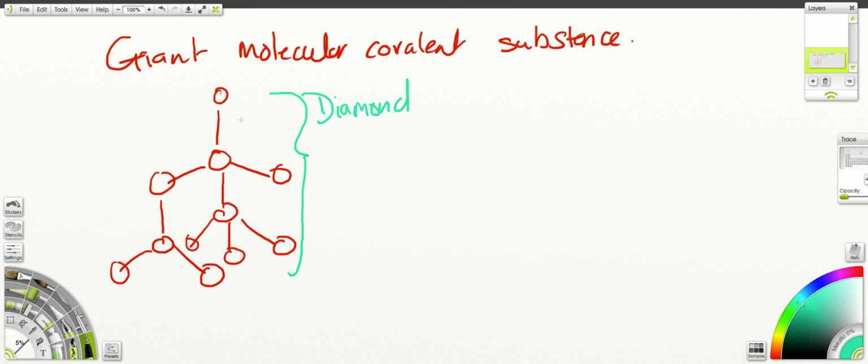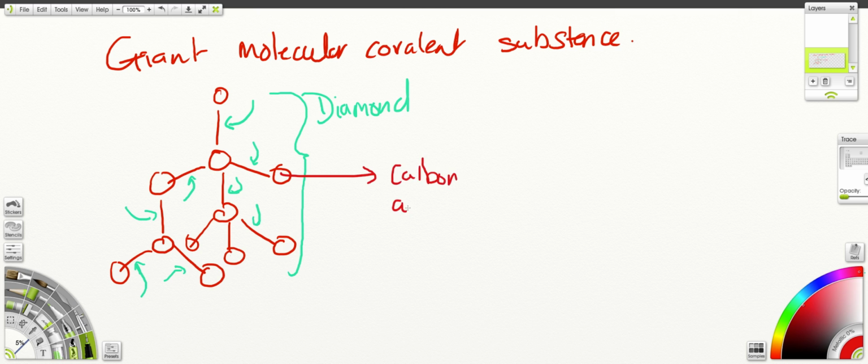With diamond, all of these are covalent bonds. Look at how many covalent bonds it's got, loads and loads of covalent bonds, and like we said, covalent bonds are extremely difficult to break. There are no weak forces here; this is pure covalent bonds. These circles represent carbon atoms.